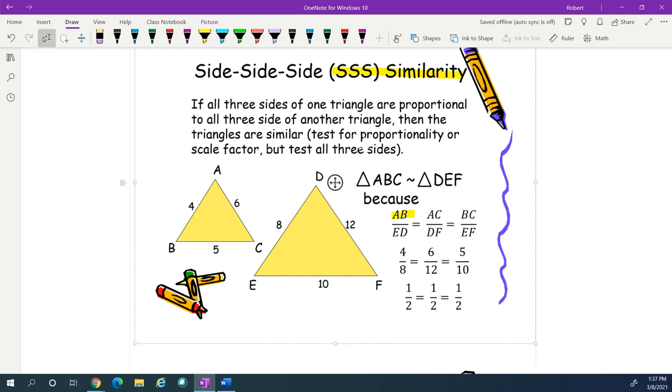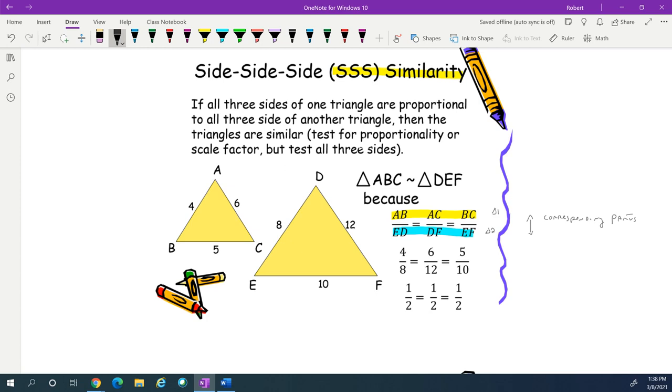This is just a three-part proportion where the numerators all came from the same triangle and the denominators are the corresponding parts. So in this case, up and down, each fraction are the corresponding parts. But the numerator is all from triangle 1 and the denominator is all from triangle 2.